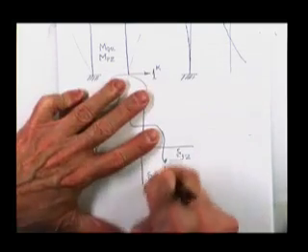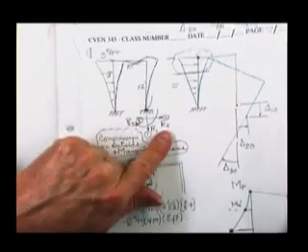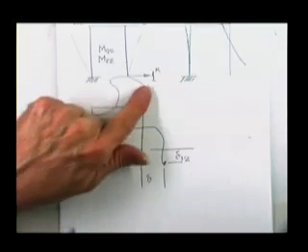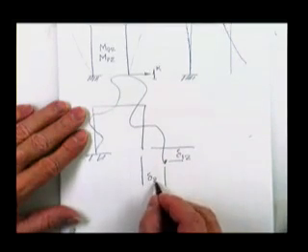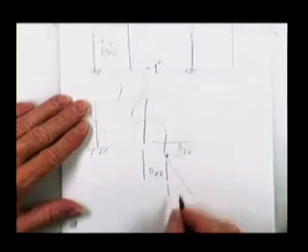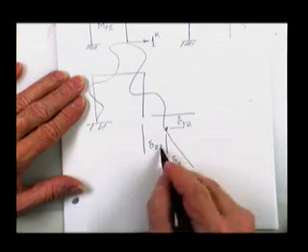This is a deflection in the 2 direction due to a unit load in the 2 direction. And this rotation right here is the deflection in the number 3 direction, 2, 2, 2.